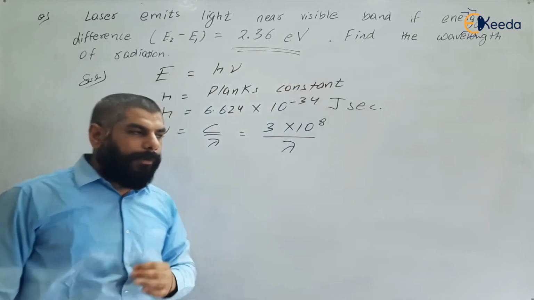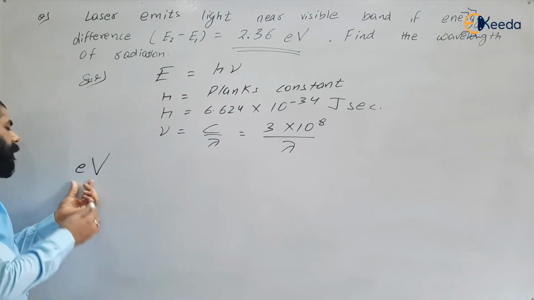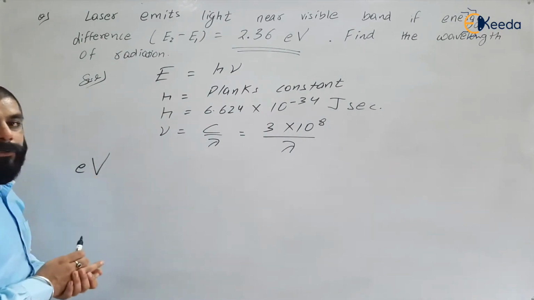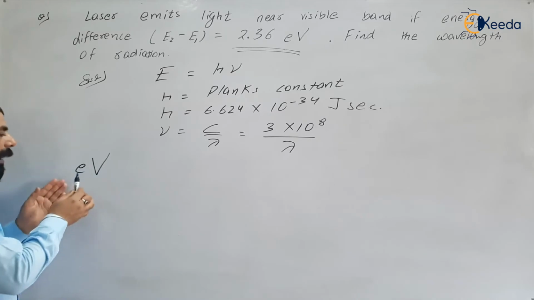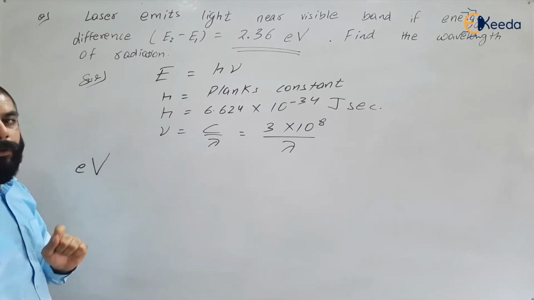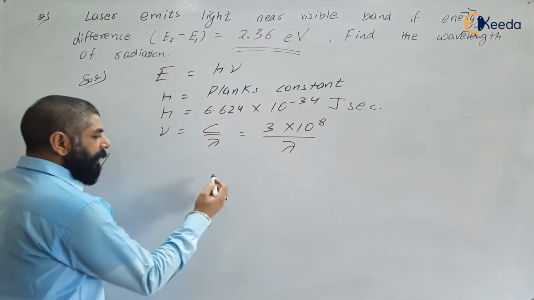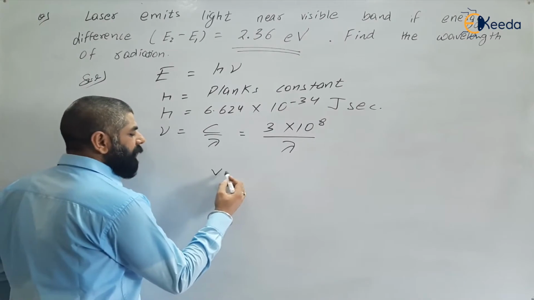So what is called an electron volt? Electron volt is a unit of energy, the amount of energy required to move one electron through a potential difference of 1 volt. How do we define the potential or the voltage?